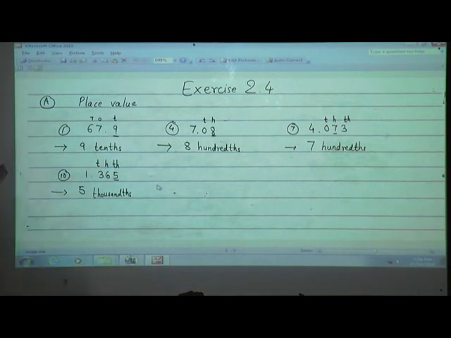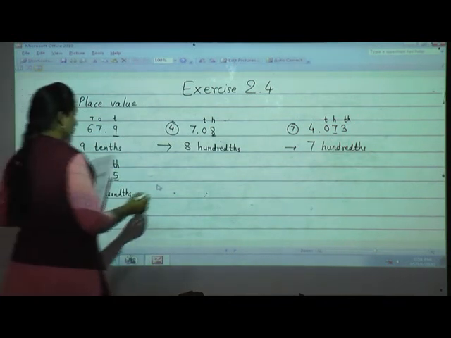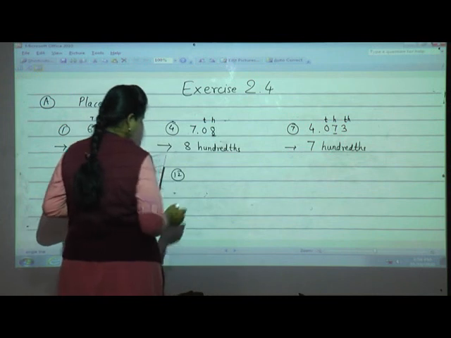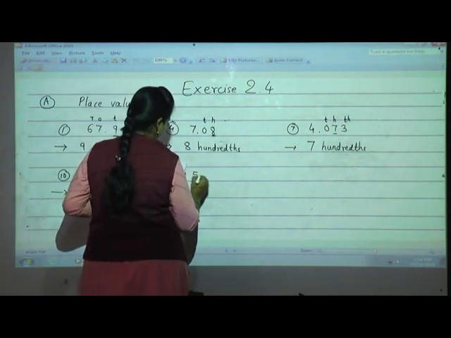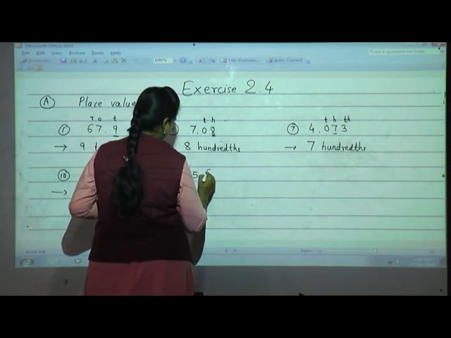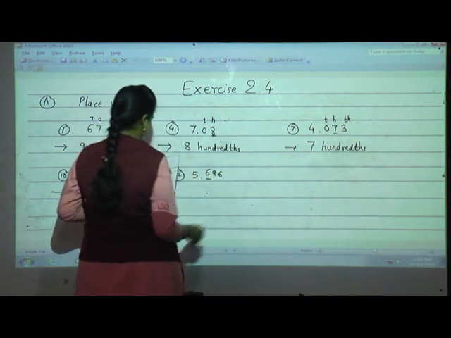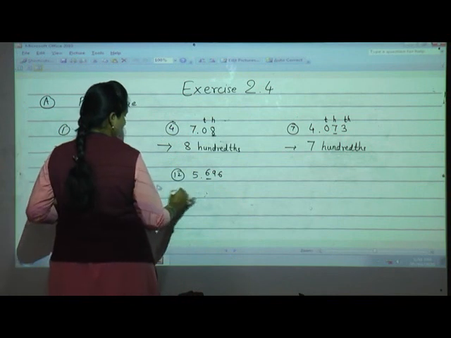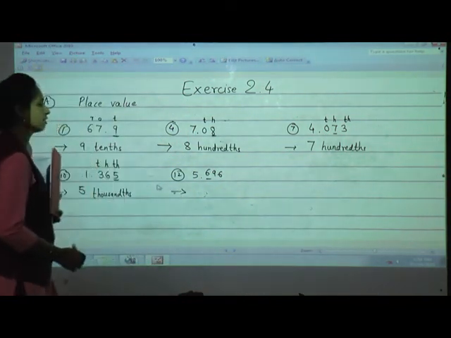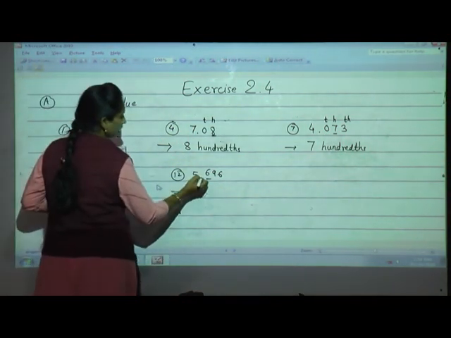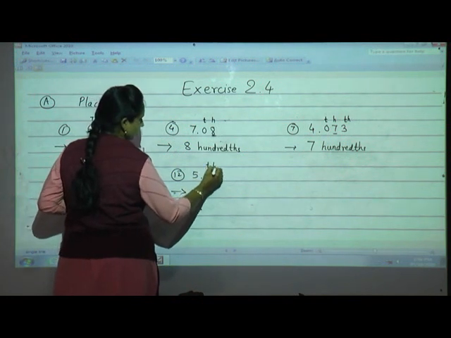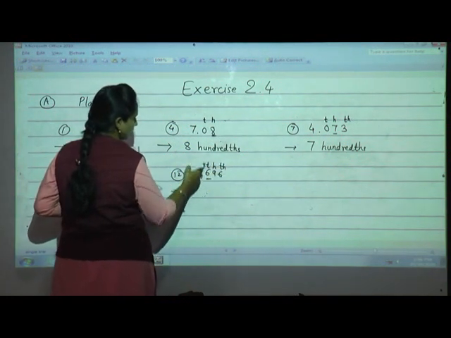Clear? Now last one more I will take, the 12th one. 5.696, and the underline is 6. Now where is 6? After the decimal, immediately tenths, hundredths and thousandths. So where is the 6?